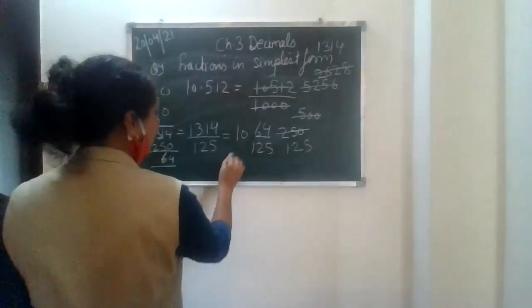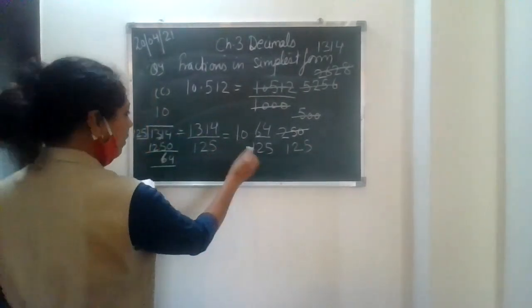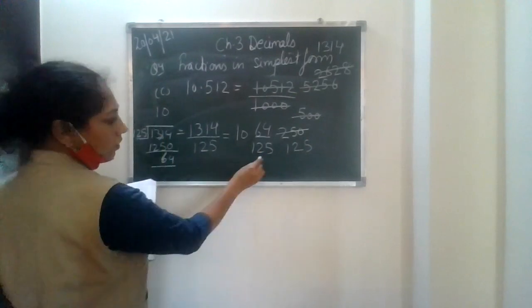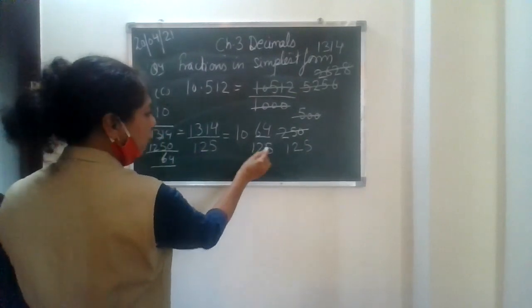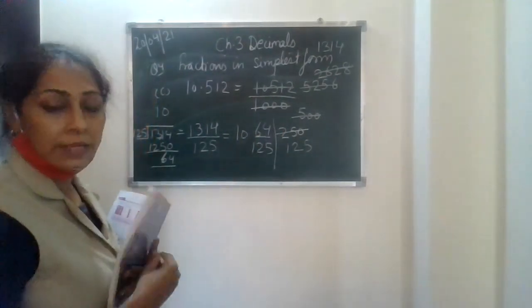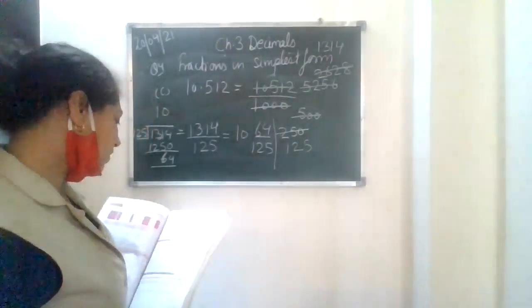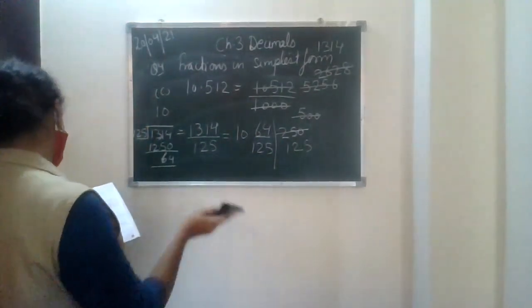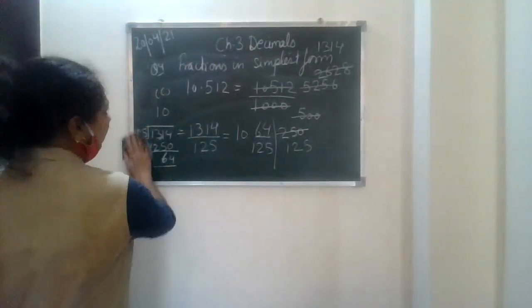So you got the mixed fraction as 10, 64 upon 125. The denominator you will keep as the divisor. Okay, like this.